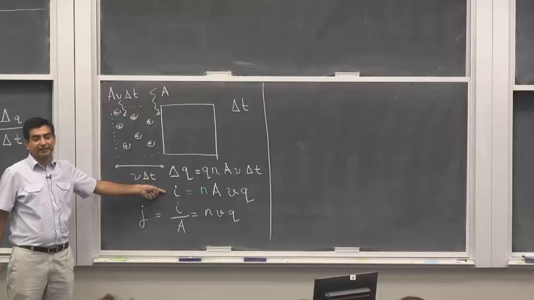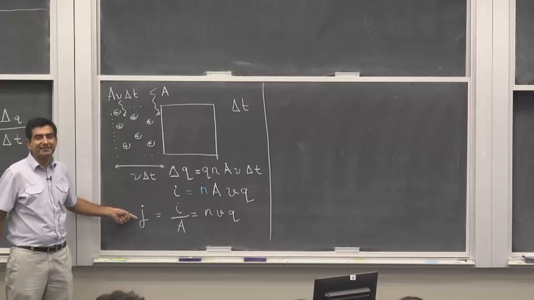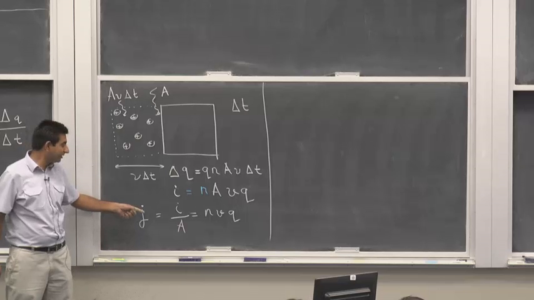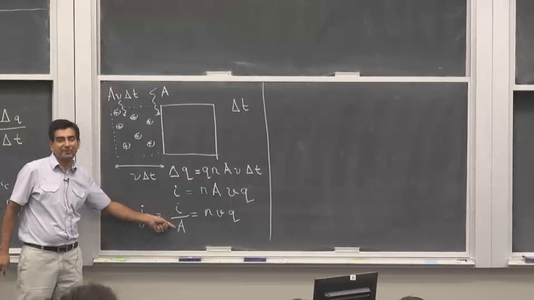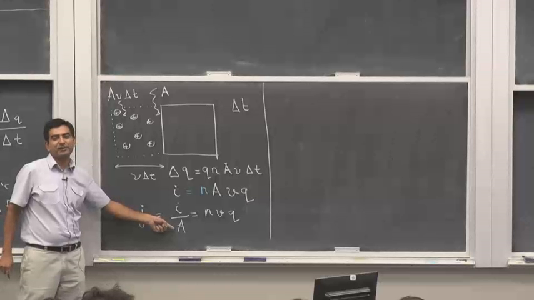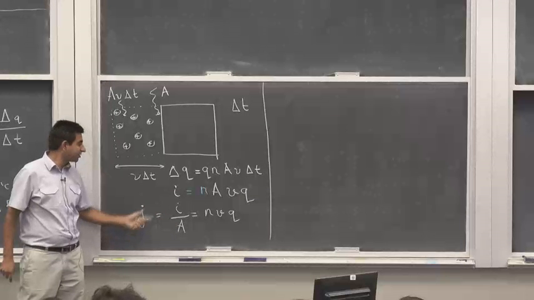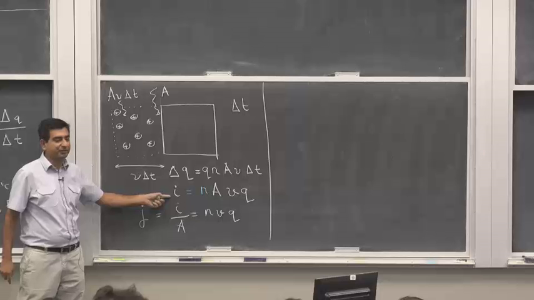Current is through an area, and this density is at a certain point because it's the current per unit area. So you can take this area to be as small as you like. So this is a point function, this is a surface function.